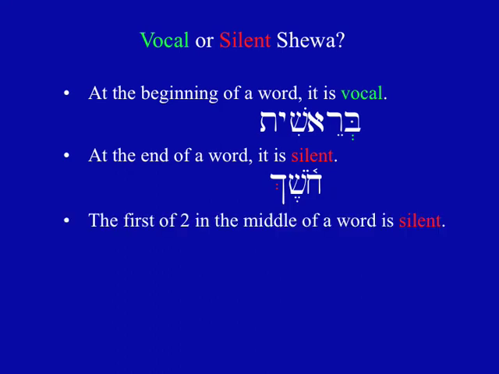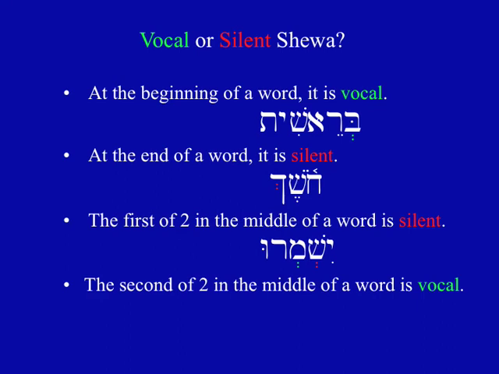Sometimes you see two silent shvas in a row in the middle of a word. When you see that, the first one is silent, closing the syllable, just as you've seen at the beginning of other words. Here, yish. Silent shva. No problem there. Well, that alone tells us what to do with the second shva.